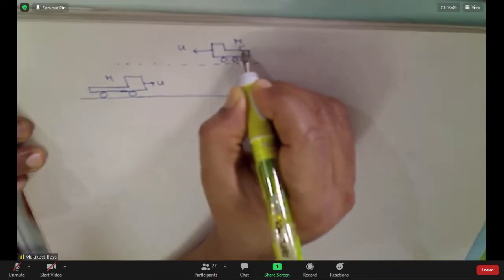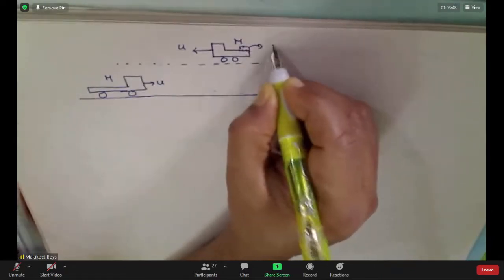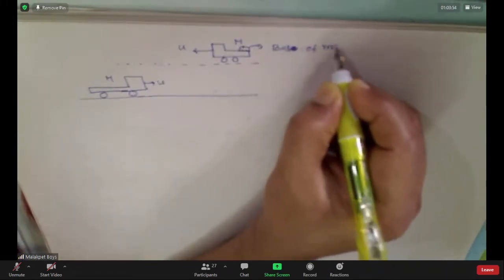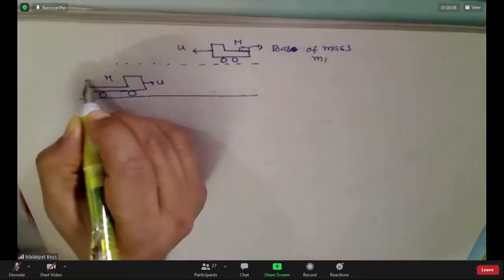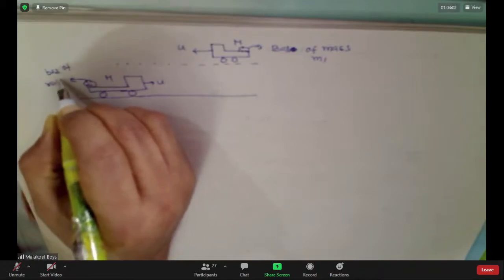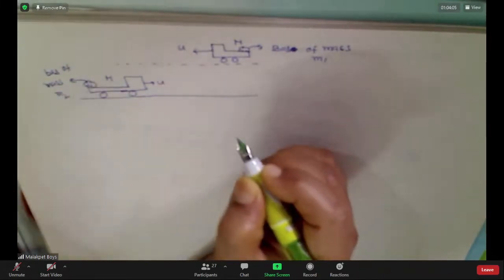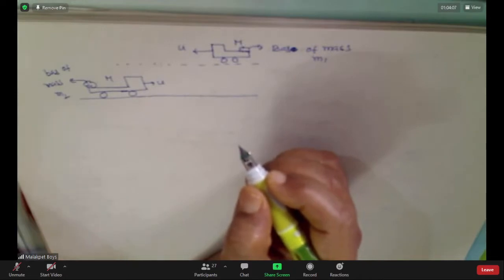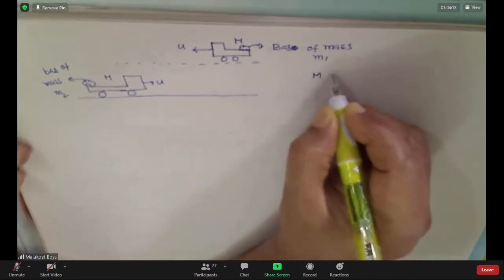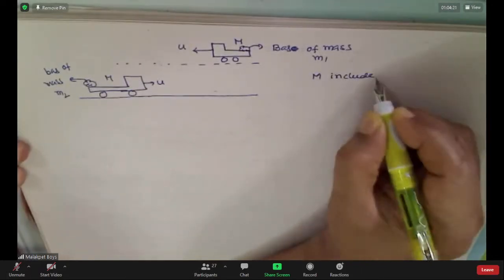See, there is a bag. This is another bag. Understood this? Clear? M includes even that one also, the mass of bag.